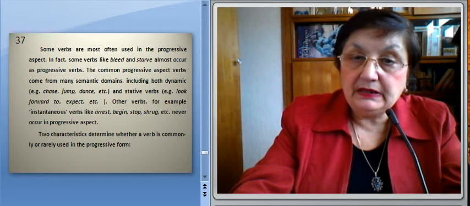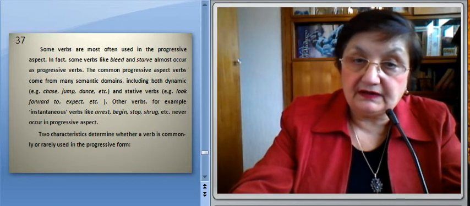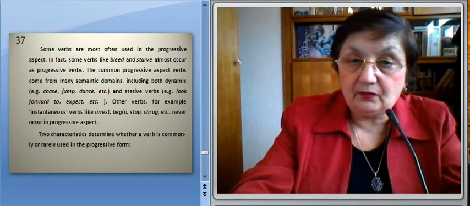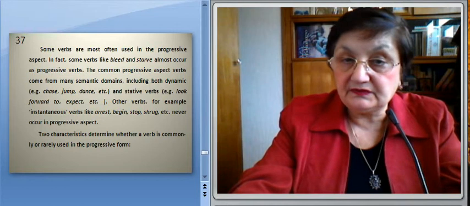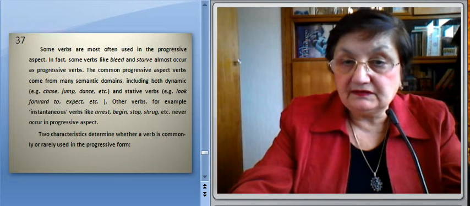Dynamic verbs such as chase, jump, dance, etc., or stative verbs like look forward, expect, etc. Other verbs, for example, instantaneous verbs like arrest, begin, stop, shrug, etc., never occur in progressive aspect.